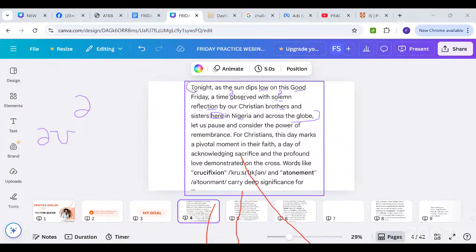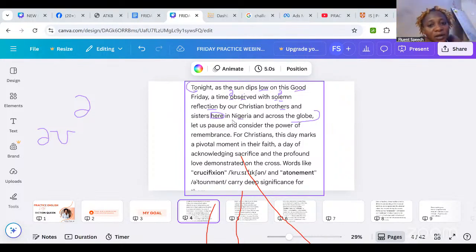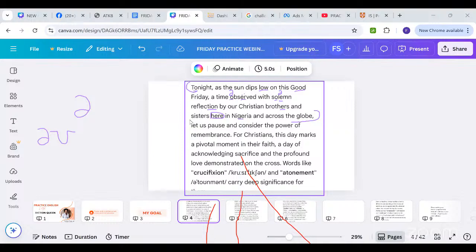Tonight, as the sun dips low on this Good Friday, a time observed with solemn reflection by our Christian brothers and sisters here in Nigeria and across the globe. Okay, well done. Pay attention to the word Nigeria, not Nigeria, and across, not and across.